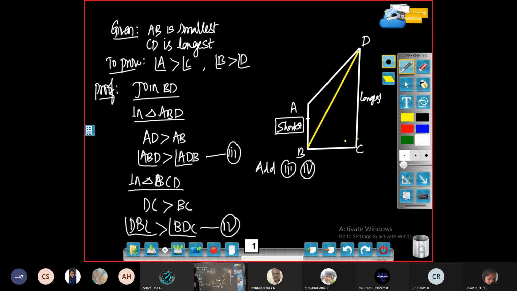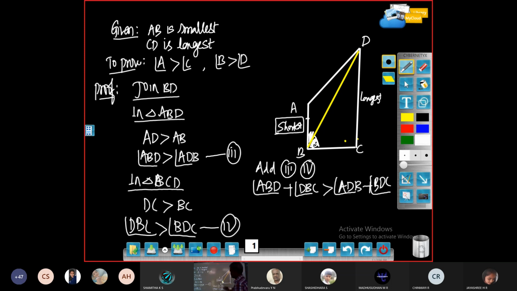Add 3 and 4. So ABD plus DBC must be greater than ADB plus BDC. Now look at the diagram. ABD is this angle and DBC is this angle.